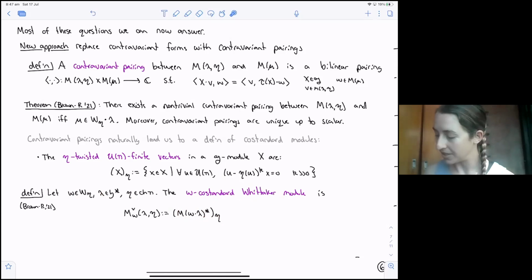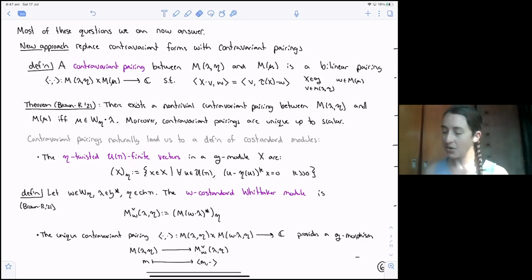This is a procedure that constructs for us a module from lambda and eta. And the point of this definition is that our unique contravariant pairing exactly gives us a G-morphism between a standard object and a co-standard object.